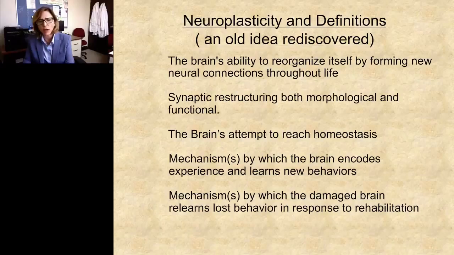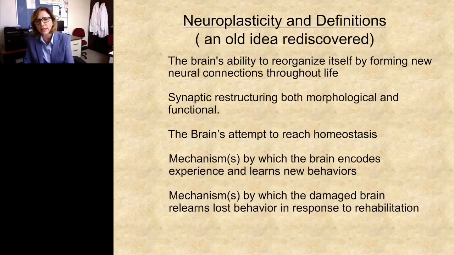Two other points to consider as we move forward in this discussion is also the very important idea that neuroplasticity really is the fundamental, what we consider a sine qua non of the encoding of new experiences and the learning of new behaviors. So ultimately, when we're talking about how to think about repair in a disorder where circuitry is aberrant, what we're hoping for, of course, is gaining new behaviors and encoding this new experience through exercise.